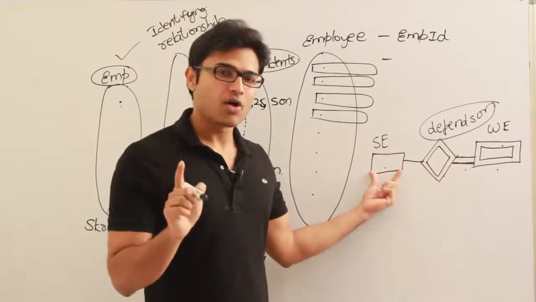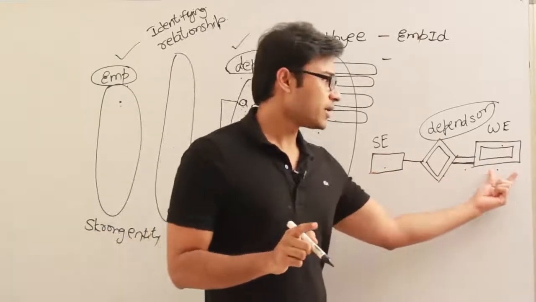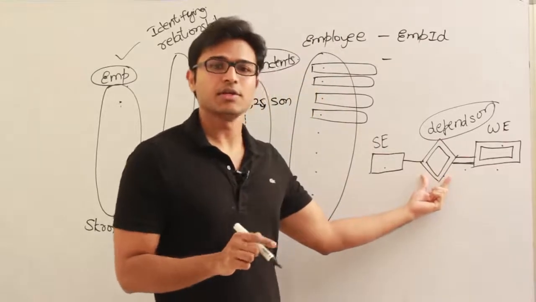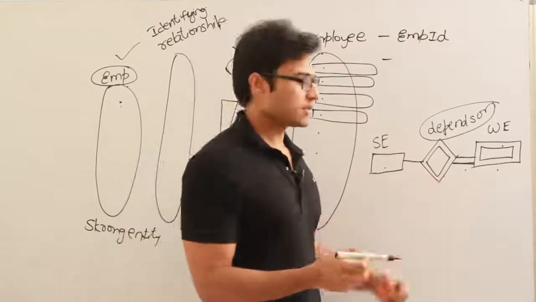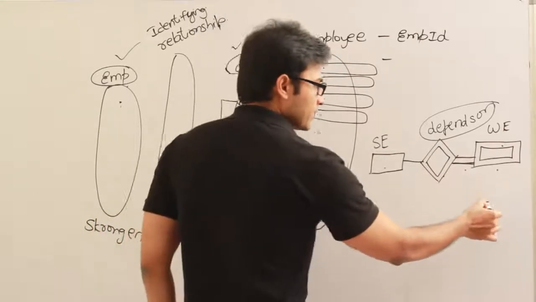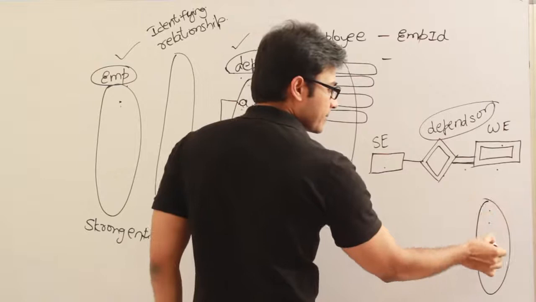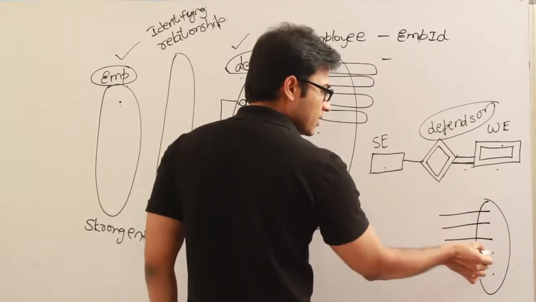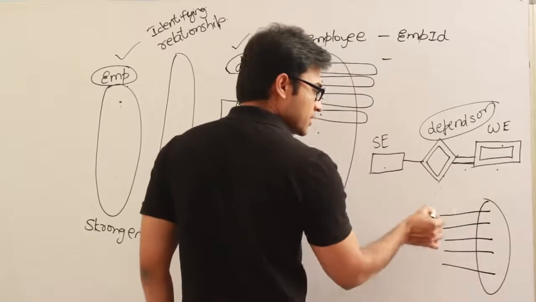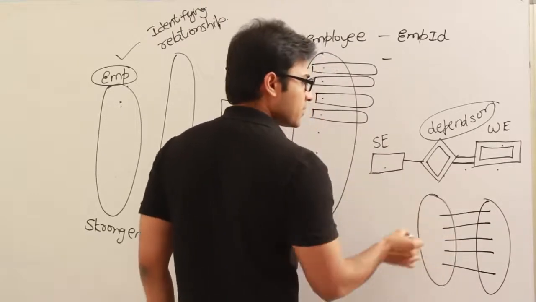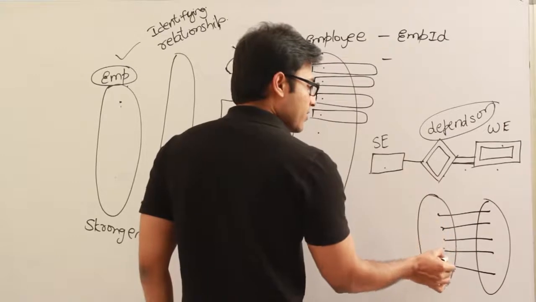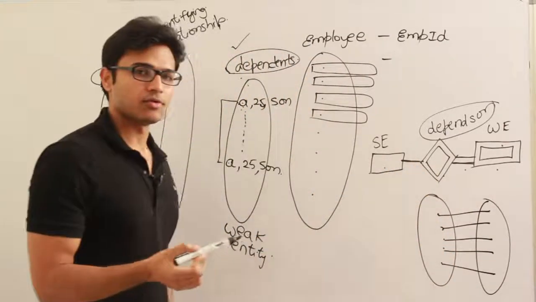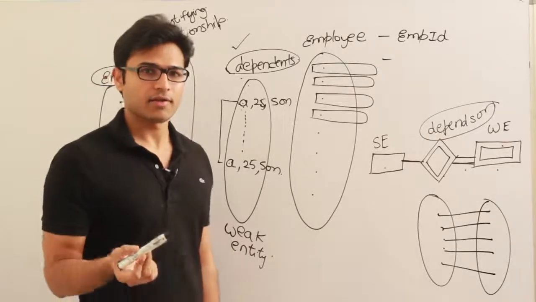So remember this, the participation of a weak entity in an identifying relationship is total, which means every entity should have some participation in the relationship. And what about the other one? The strong entity need not be total.